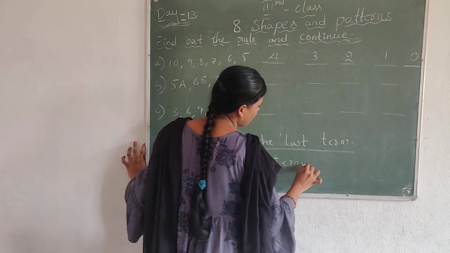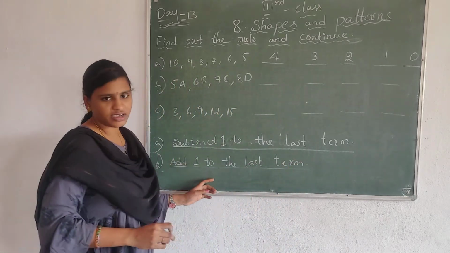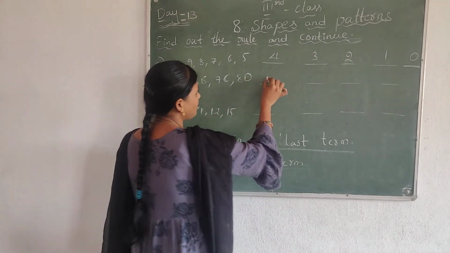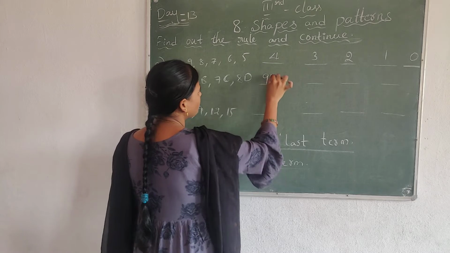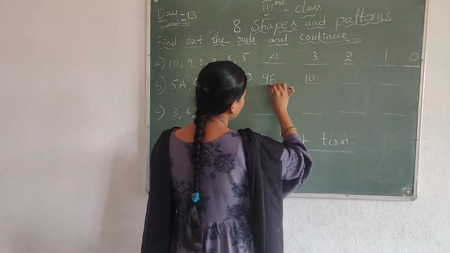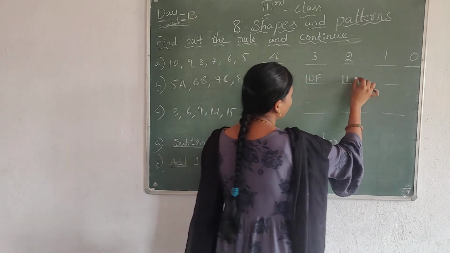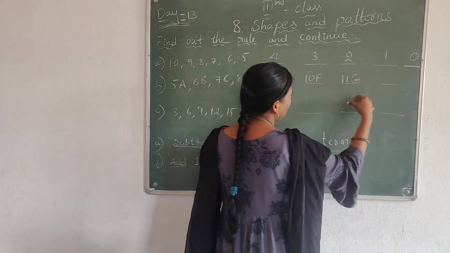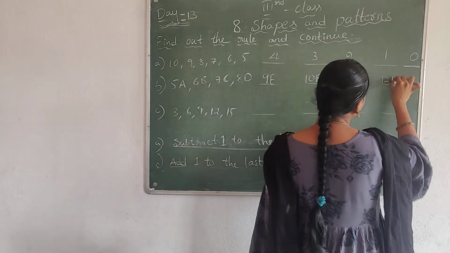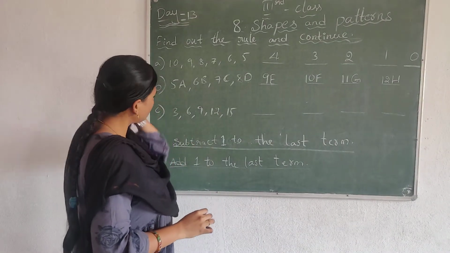Okay, I wrote it here. So what do you have here? 8 plus 1 is 9, D then E. 9 plus 1 is 10, E then F. 10 plus 1 is 11, F then G. 11 plus 1 is 12, G then H.